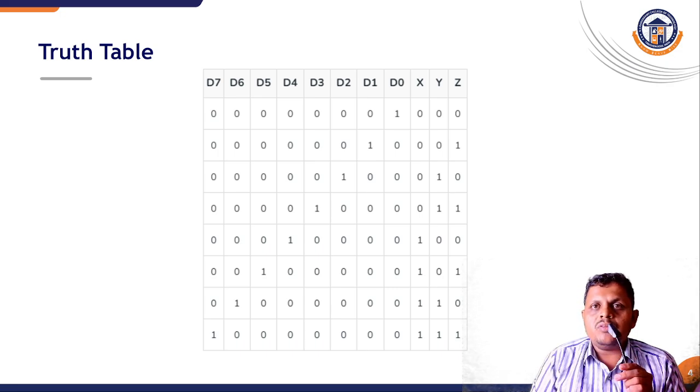And this is the truth table for the encoder. When all the values are 0, X, Y, Z are also 0. When only one input is 1, for D1 we get the output through Z. When we give 1 to D2, we receive the output in Y. Likewise, when D7 is 1, we get X, Y, Z all as 1.